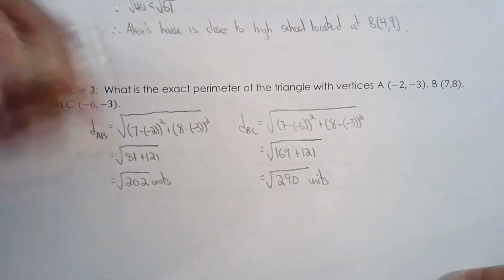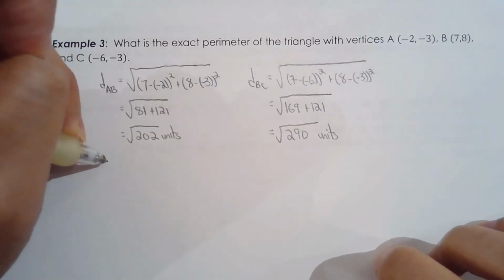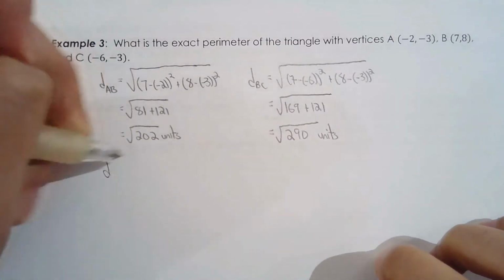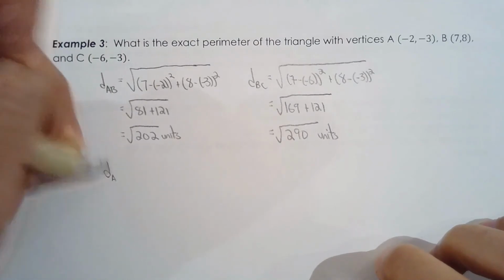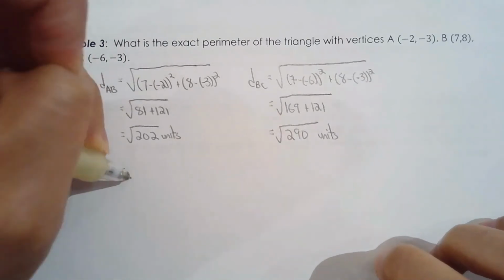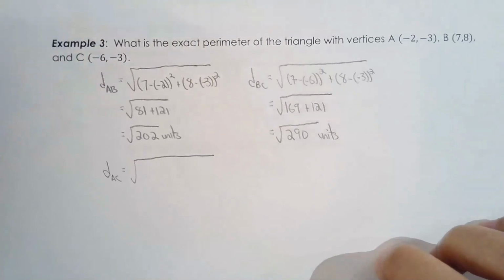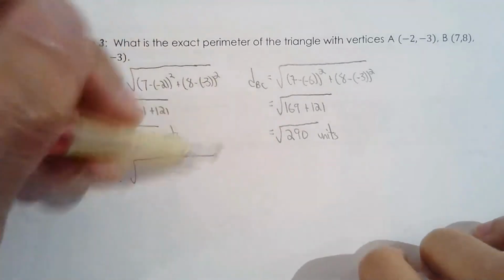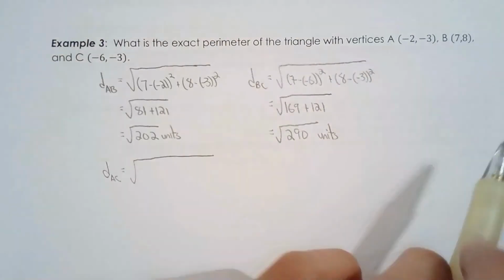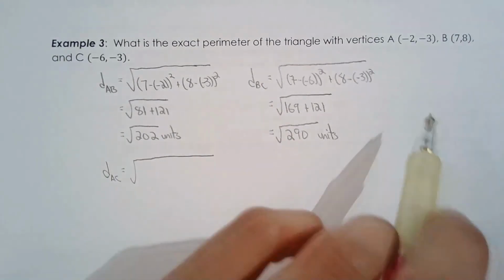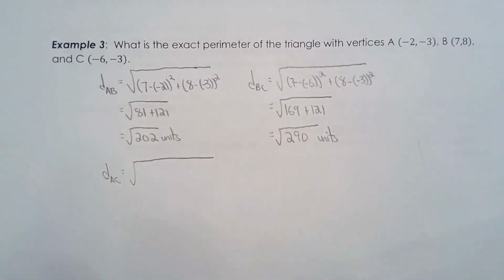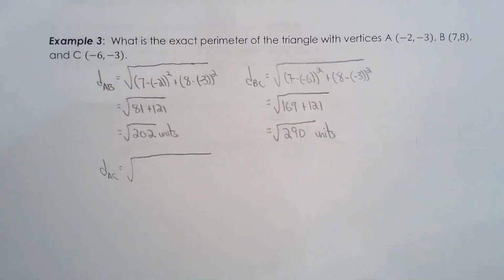You know what I'm going to do down here just to save some space. Distance. So we got AB, BC. Now we want AC. If you are very uncomfortable with the calculations, what you can do first is plot the points, roughly sketch them out, and then you'll see the triangle.